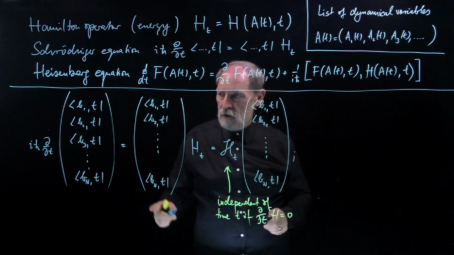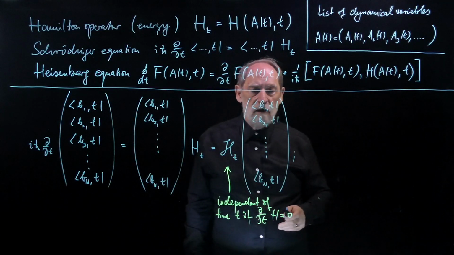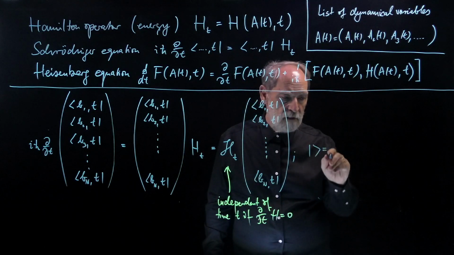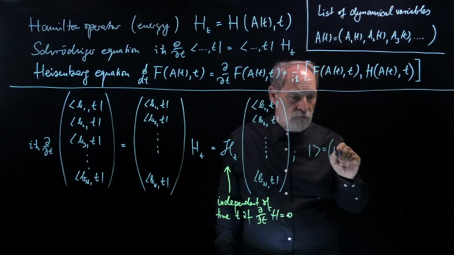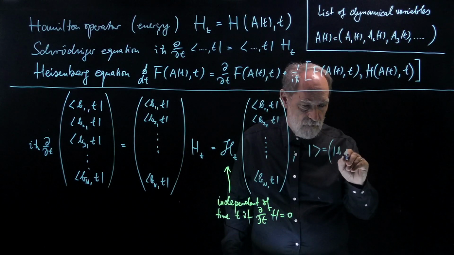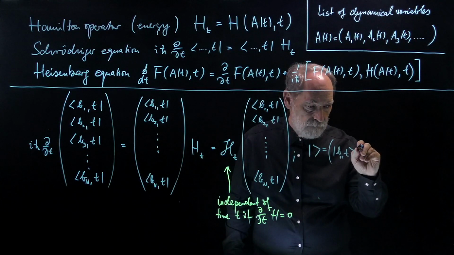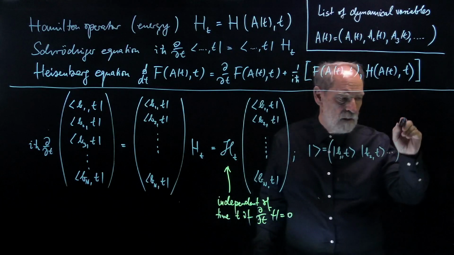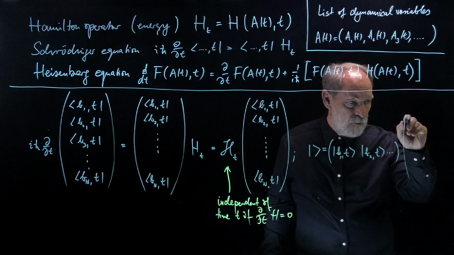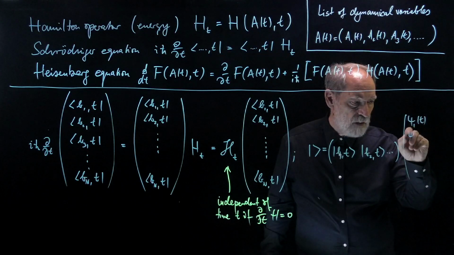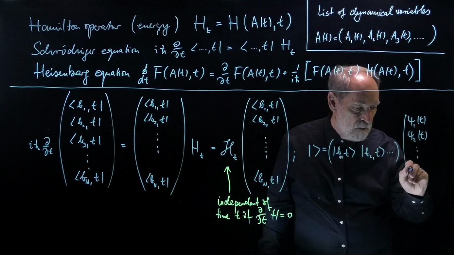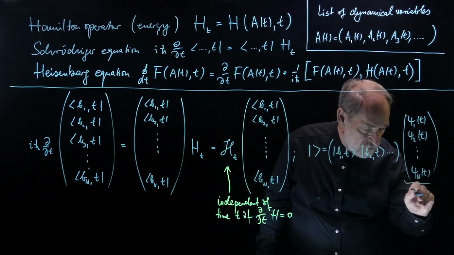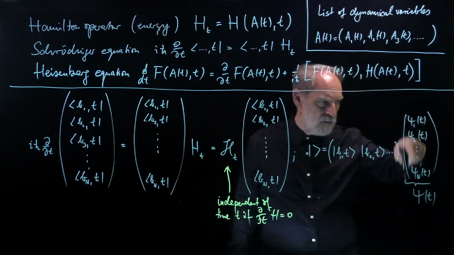We draw a conclusion now about the corresponding statement about the wave function that describes the state ket. Now the state ket is equal to the row of basis kets times the column of probability amplitudes, psi 1, psi 2, all the way to psi n, for which we just write the symbol psi of t, so that refers to this column.